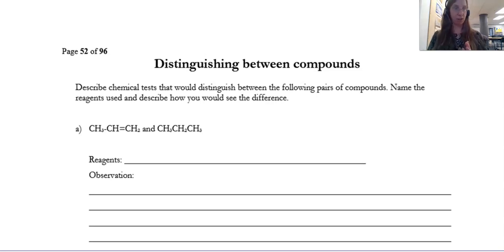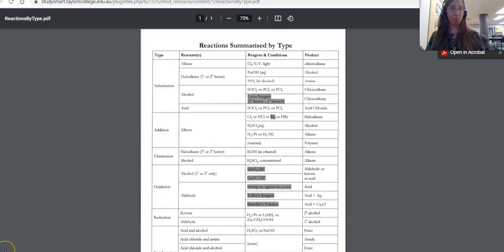Now, when we saw the summary last time, and you've done many summaries, I've been pointing out these special reactions, and saying they're particularly important because we can see the change, and so we can use those for distinguishing that compound from something else, because we can see a change with an alcohol and Lucas reagent, but with other substances, we can't.